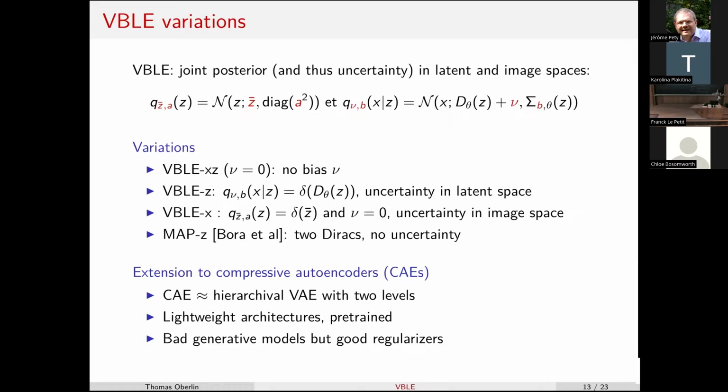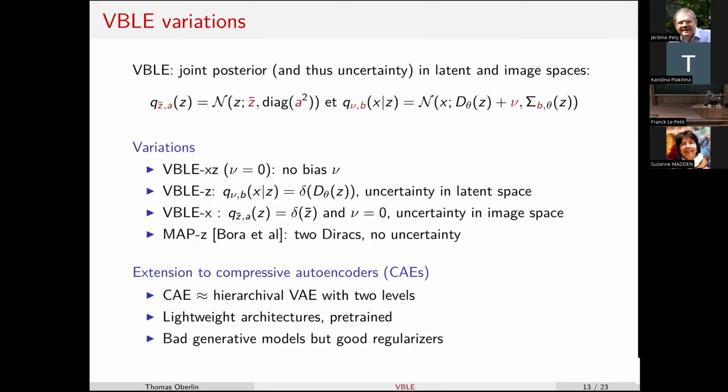So this makes the decoder deterministic, and it amounts to modeling all the uncertainty in the latent space. We can do the opposite. In that case, we have all the uncertainty in the image space. So we denote these methods as VBLE-Z and VBLE-X. And then if we take two Diracs, we end up with a point estimate method, which is MAP-Z that was presented a few minutes ago.